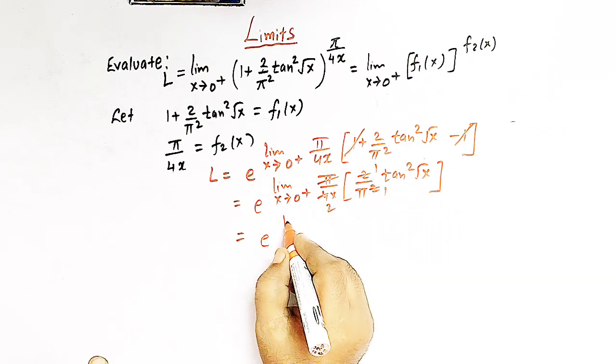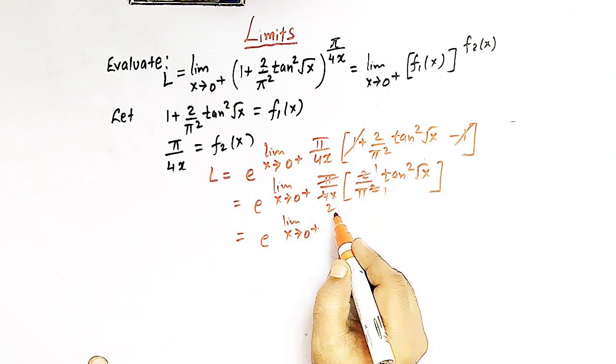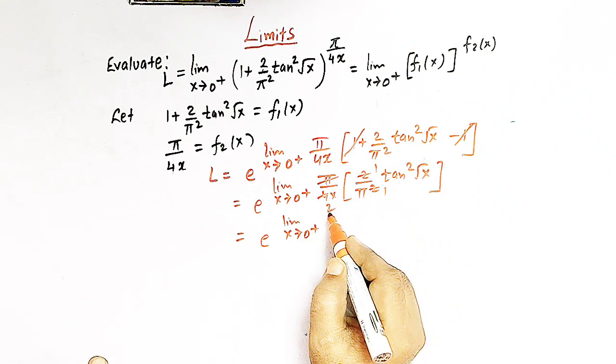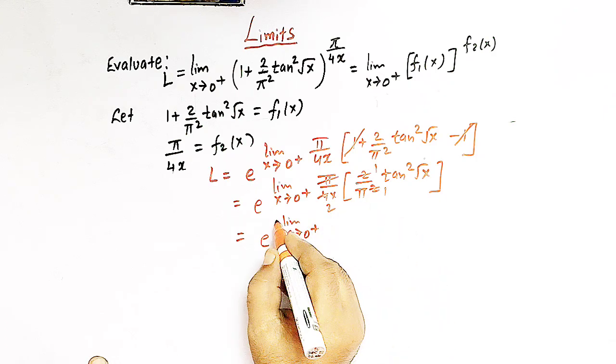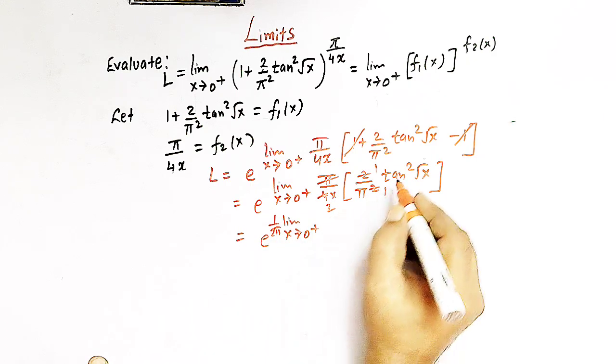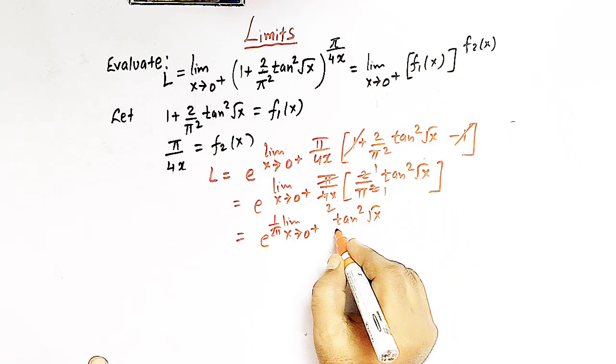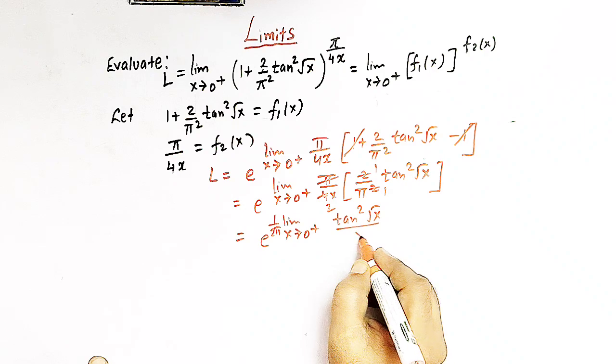so now we have limit x tends to 0 positive. Now here we are left with 2 and pi, so here we can write 1 over 2 pi, and here we have tan square root of x over x, right?